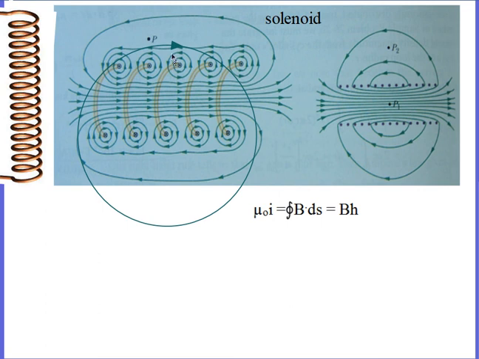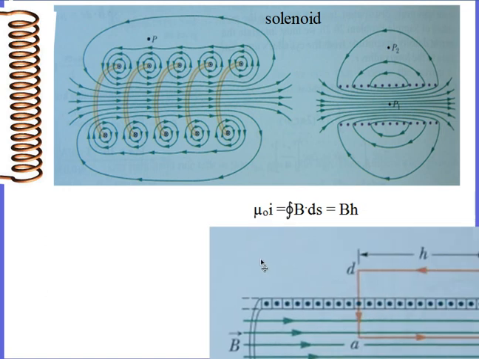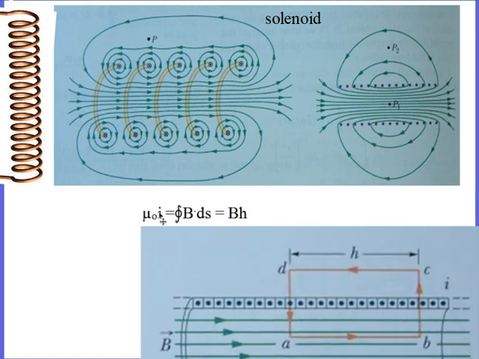So I take a loop. Let me get rid of this. I take a loop here and, no, that's not what I want to do. I want to deal with this picture.